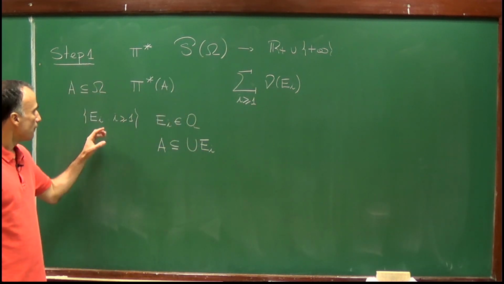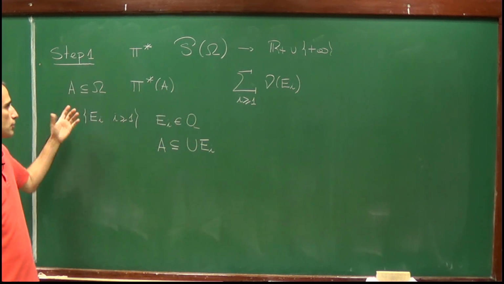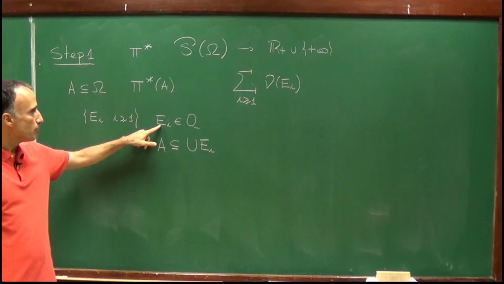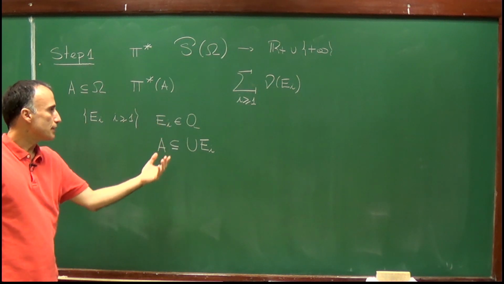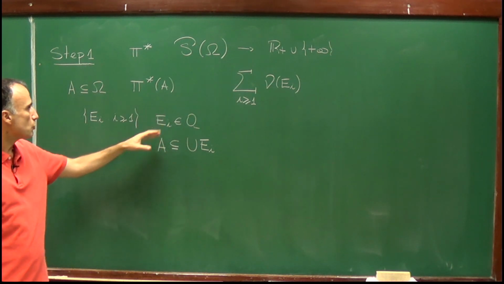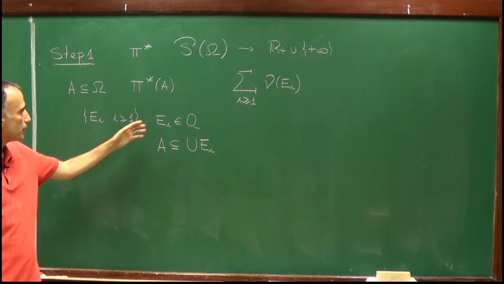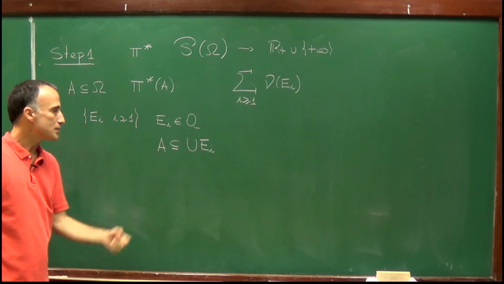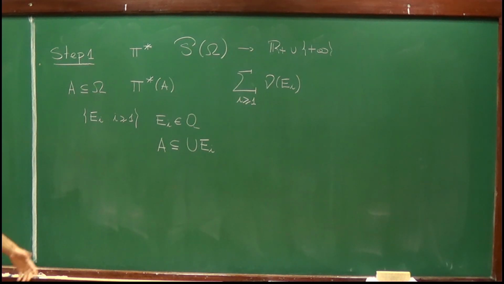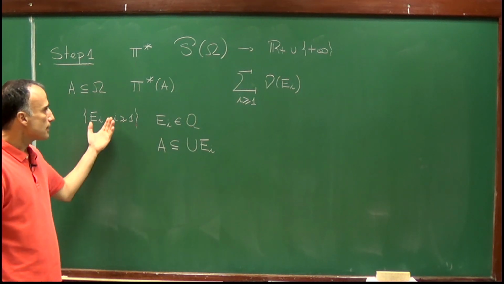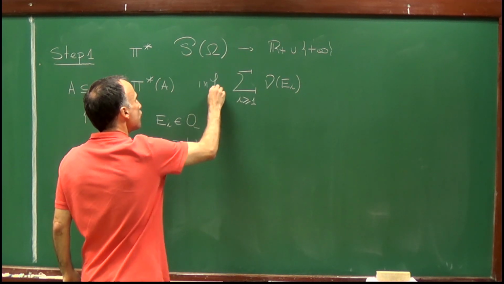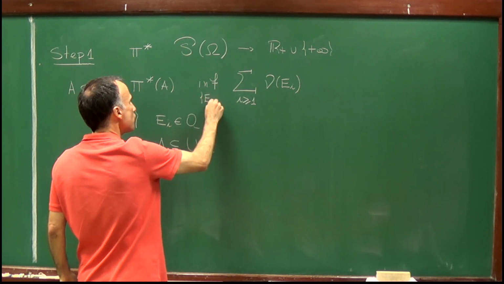Note that this class is non-empty, because we can always take E_1 to be omega and E_2, E_3, and so on to be the empty set. So we have at least one way in which we can cover the set A by elements of the algebra. Since this set is non-empty, now let's take the infimum over all such coverings.